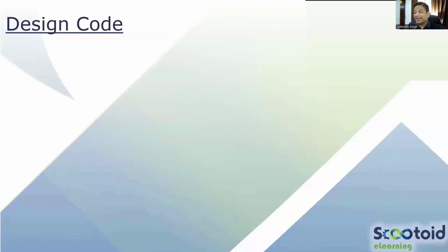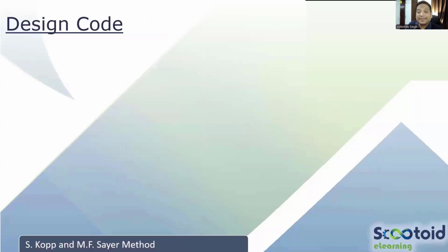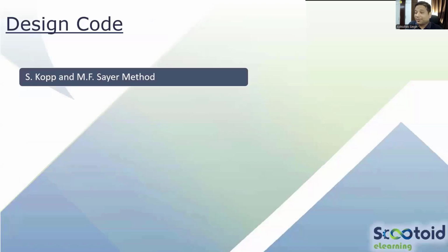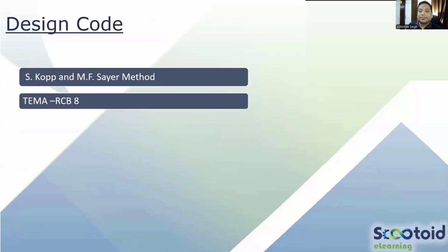If we talk about design, like how we design them, what are the codes which are available for design by rule? So this we discussed. SCOP and MF Sayer method is available, which was referred or used in TEMA. This is the method adopted in TEMA, a little bit modified. So TEMA RCB 8 already takes care of SCOP and MF Sayer method.